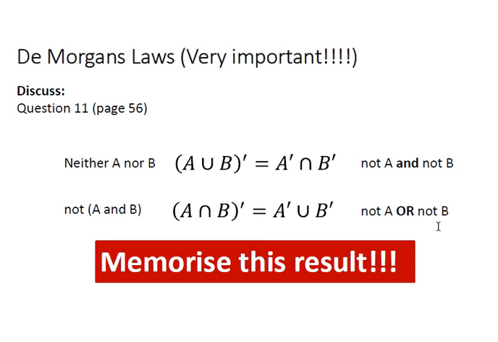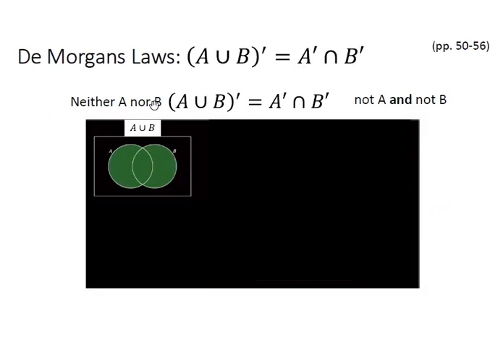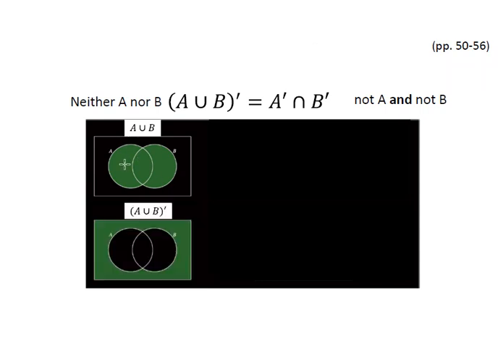Now we are going to prove these two equations with a Venn diagram. We start with the left hand side. At first, in the bracket, we have the union of A and B, this area, and then we need the complement of this area. It means this area.